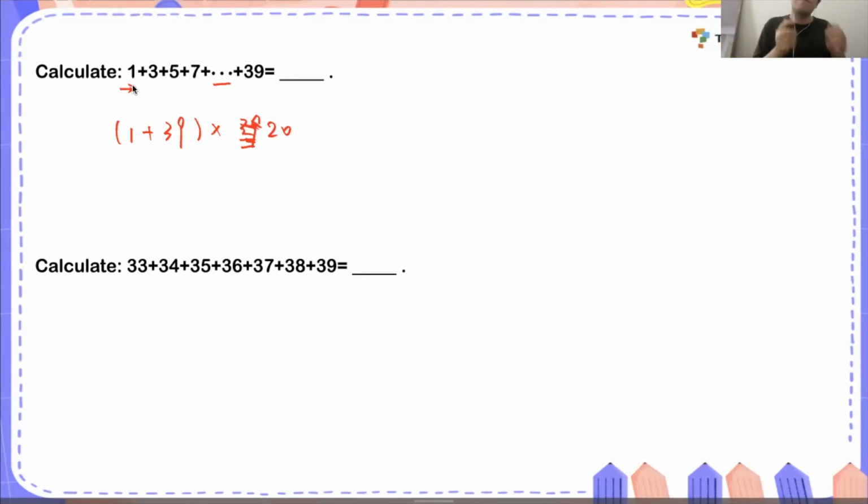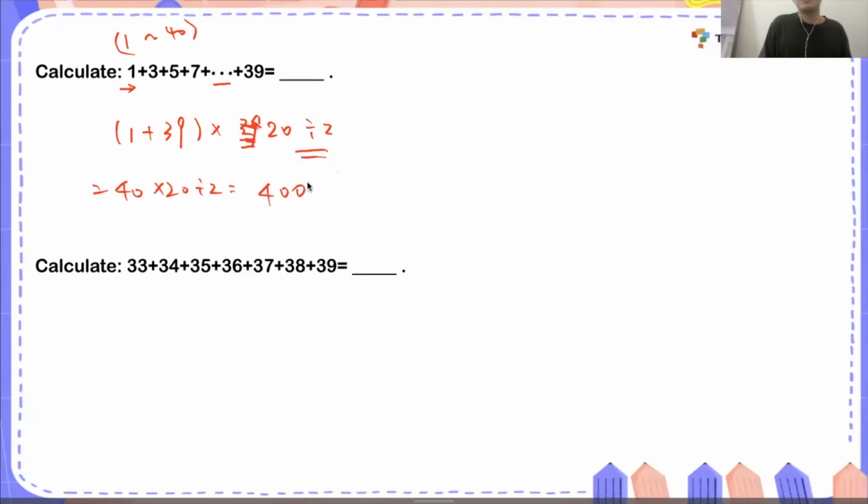So if I think from 1 to 40, how many odd numbers? How many even numbers? So that should be half and half, right? So that is 20 odd numbers. And we divide by 2, so that is 40 times 20 divided by 2, and we have 400, right?